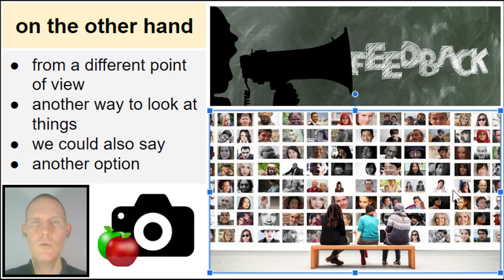So if someone says, ooh, I think I found the best picture here, someone else says, well, on the other hand, I think that picture over there is a little bit better. From a different point of view, I think that picture is really good as well. Okay, so that is on the other hand. It's kind of a respectful way to introduce your information that is different or conflicts or is not the same as what someone else is talking about.